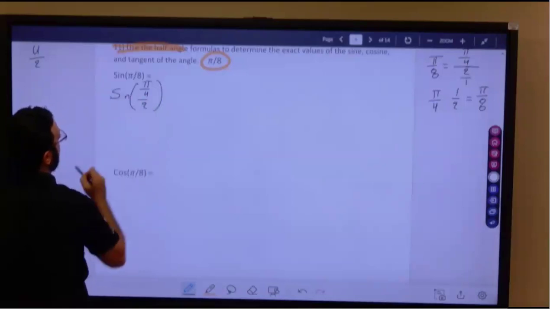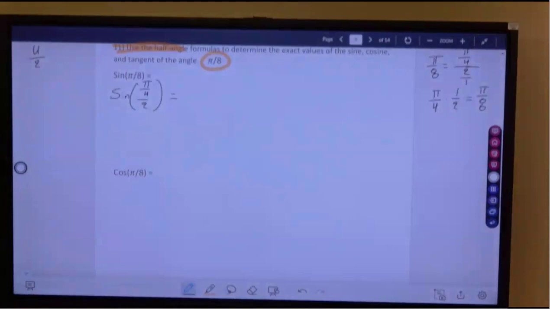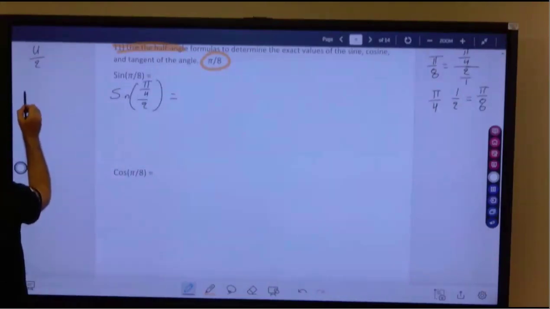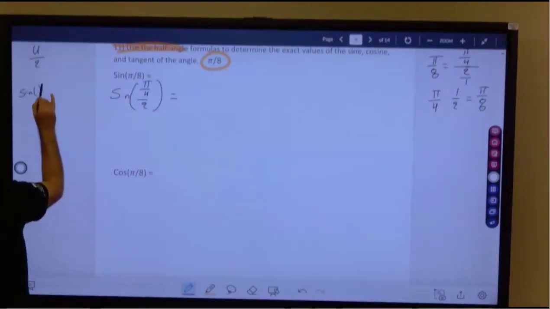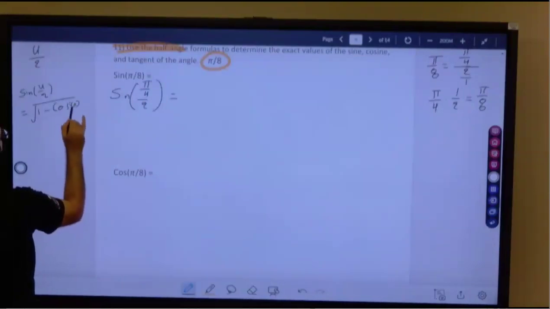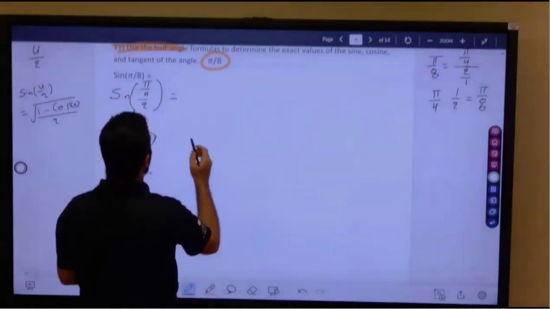So here is the u. In this case, I can use the formula: sine u over 2 is equal to square root of 1 minus cosine u divided by 2. This is the formula. U here is pi over 4.